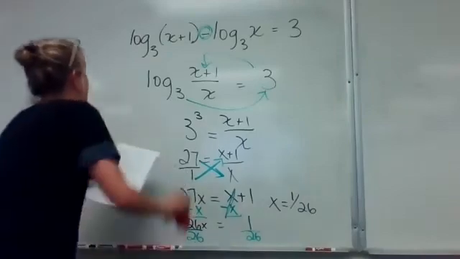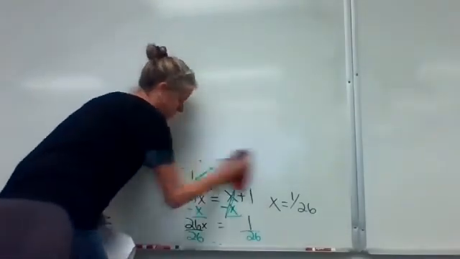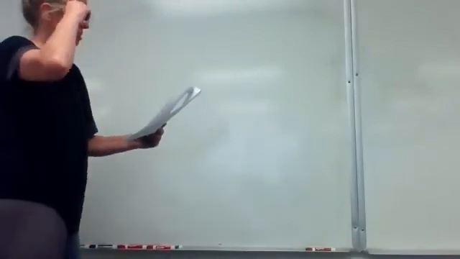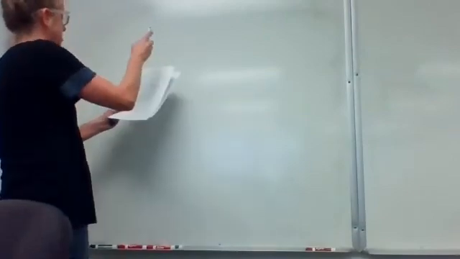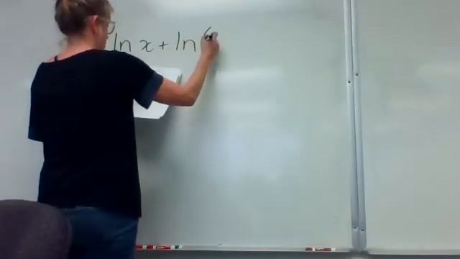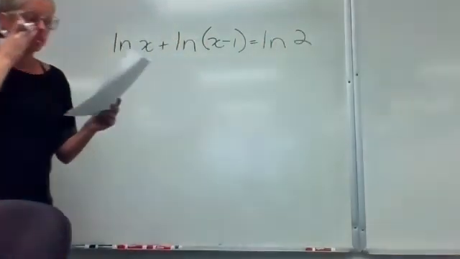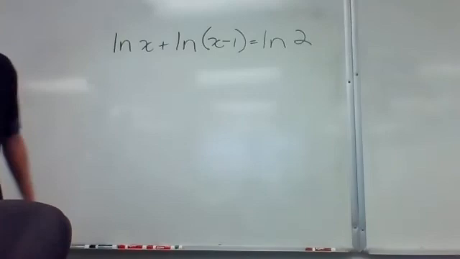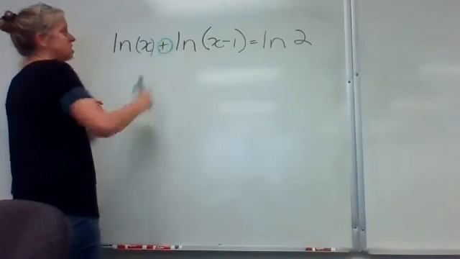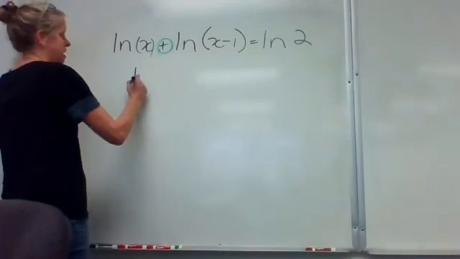All right, 2 more. Number 16. ln of x plus ln of (x minus 1) equals ln of 2. Okay, so let's see. Since it's the sum, in order for it to be one logarithm, it's going to be x times (x minus 1).